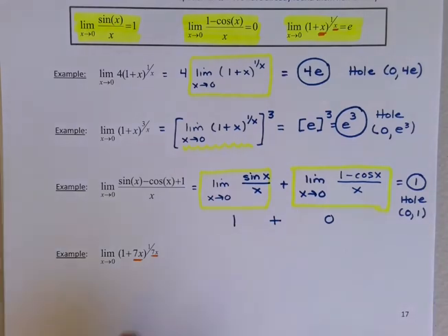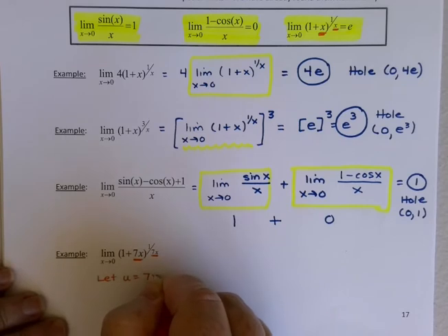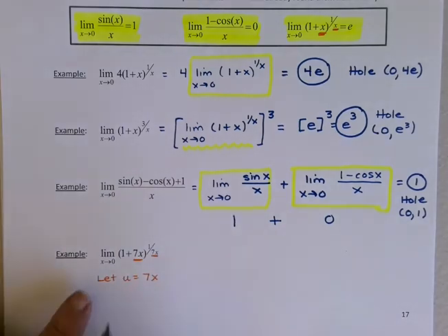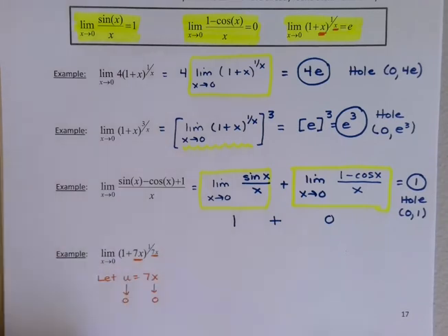So let's let u equal 7x. Now, since x is going to 0, that means u is also going to be going to 0, right? 7 times 0 is still 0, so that's good. My u value can be 0.